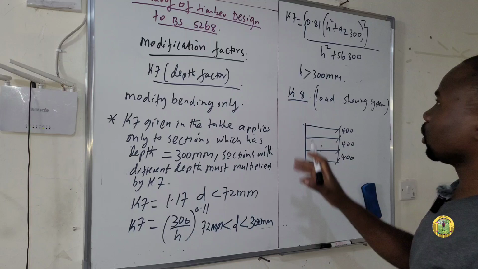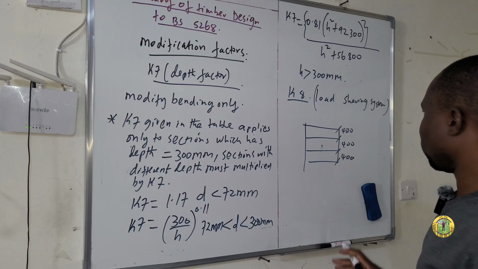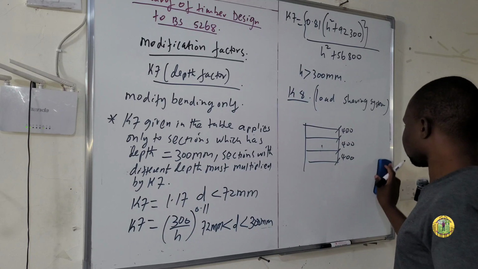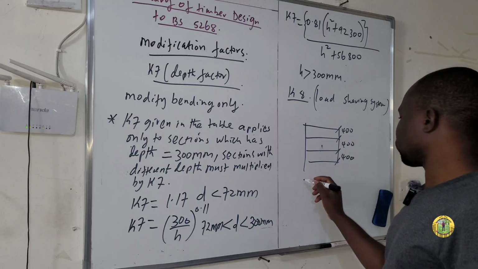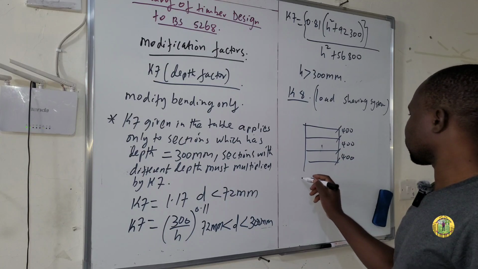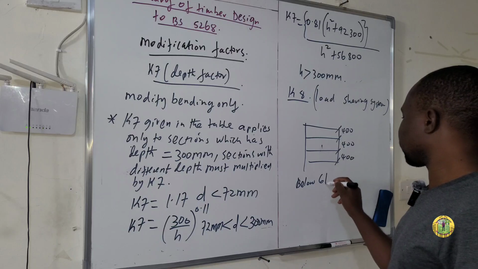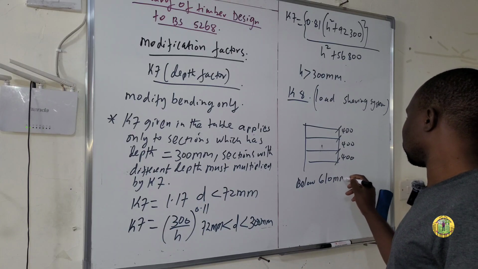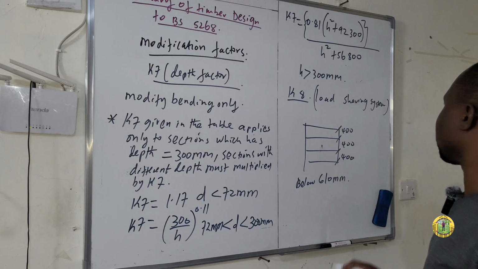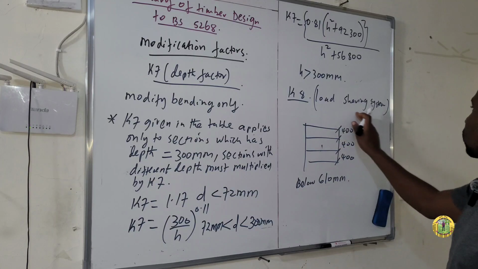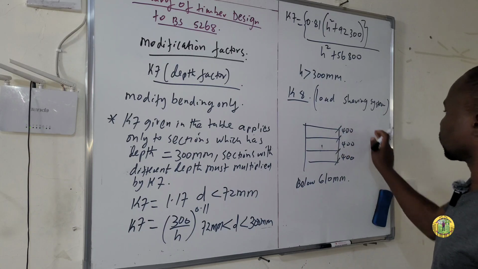So based on BS5268, all joists or all systems that are spaced below 610 millimeter are load sharing systems.